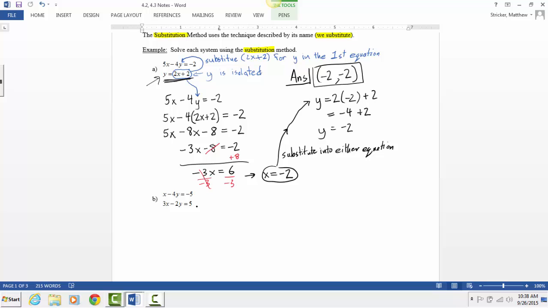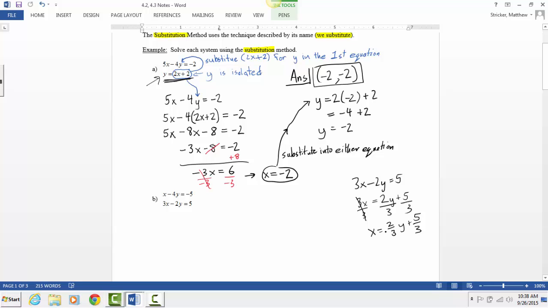So for example, if I took the second equation, 3x minus 2y equals 5, and I solve for, say, x, that would be 3x equals, move the 2y to the other side, it becomes a +2y plus 5. You don't have to write this in your notes, but I want you to think about this. Then we divide by 3. We get x equals 2/3 y plus 5/3.